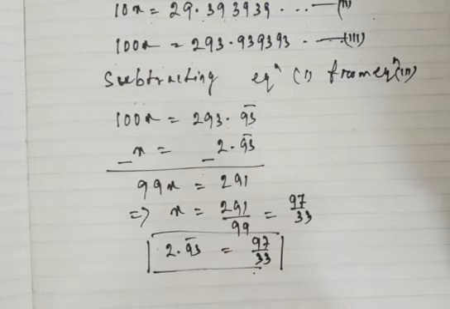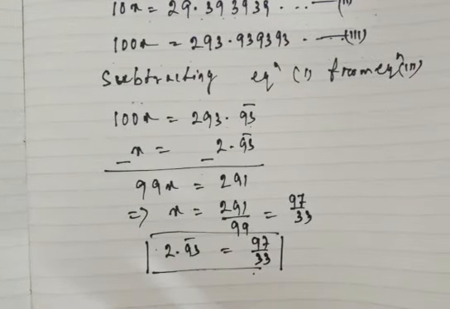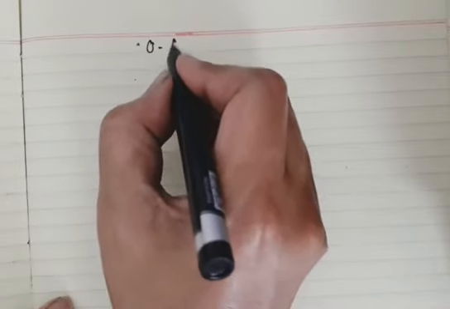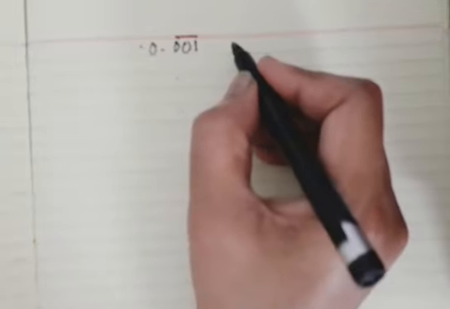Now I am going to show the next one, a question from your textbook. We have to express 0.001 bar in p by q form.